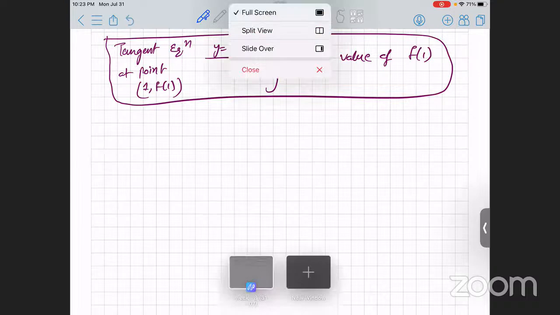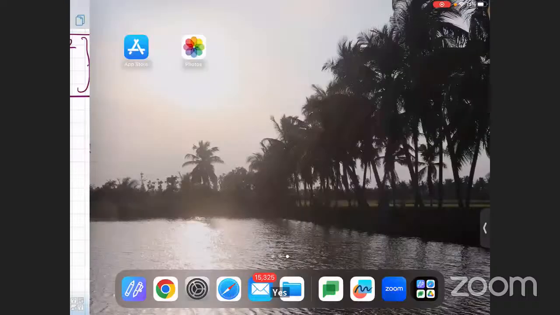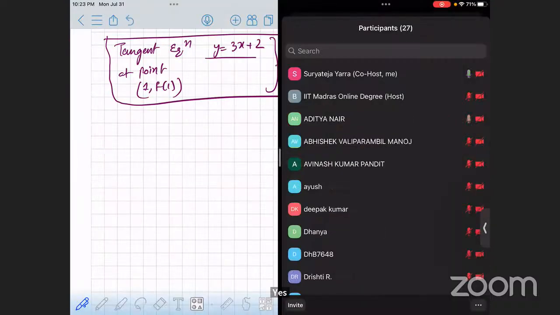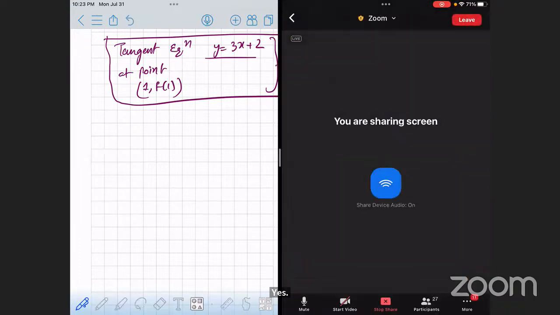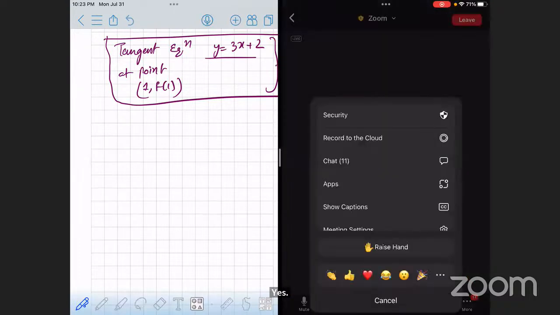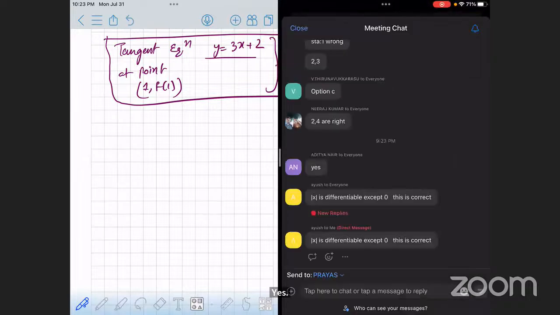Hello guys, how are you doing? Yes, sir. Yeah, that is correct. Mod x is differentiable except at 0.